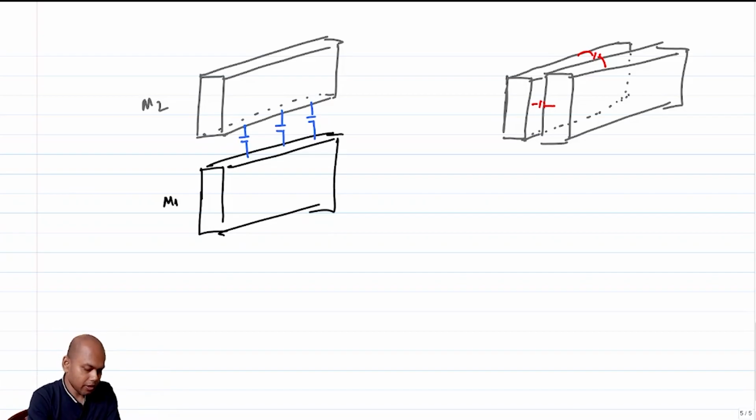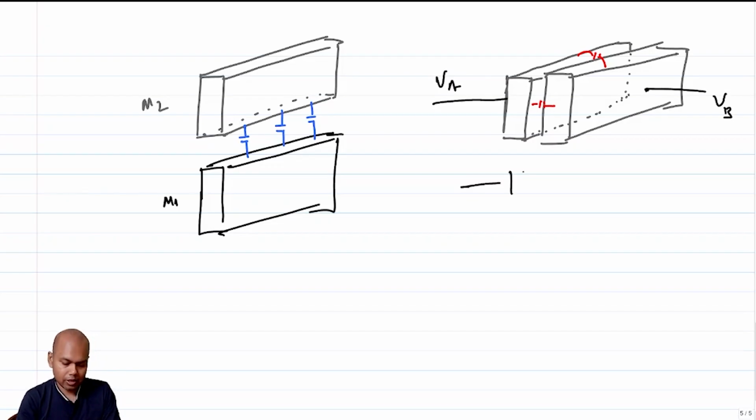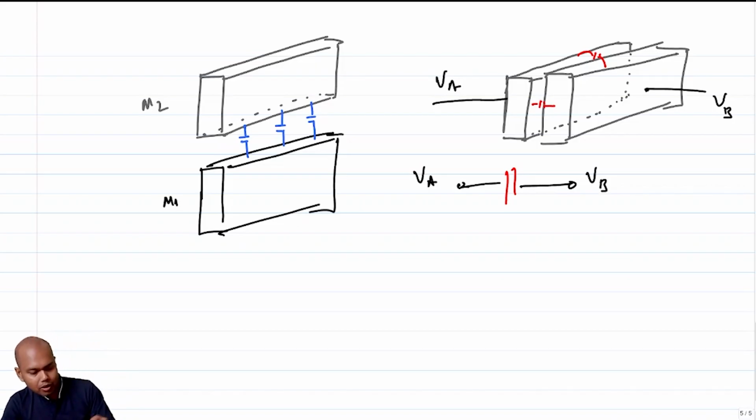So this can be one signal, this can be VA and this can be VB, and this is basically your capacitance between VA and VB. Correct? Now you can make spirals of this, like an inductor, right? If I go to the top layer, let me draw a top view of it.